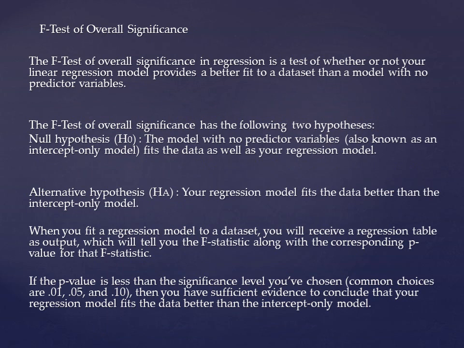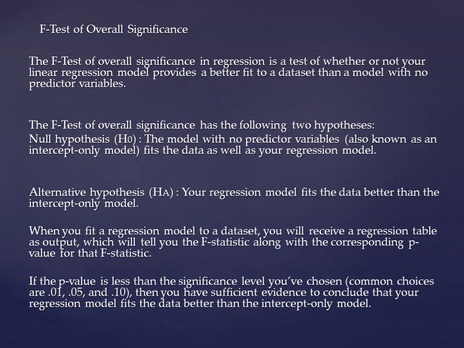F-test of overall significance. The F-test of overall significance in regression is a test of whether or not your linear regression model provides a better fit to a dataset than a model with no predictor variables. The F-test of overall significance has the following two hypotheses.